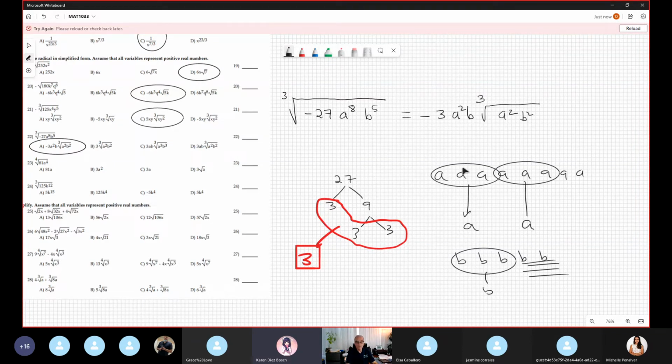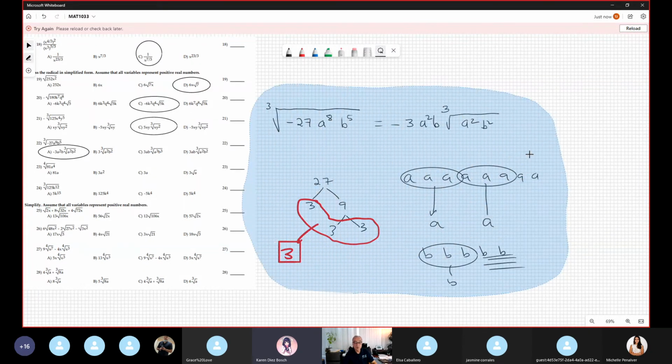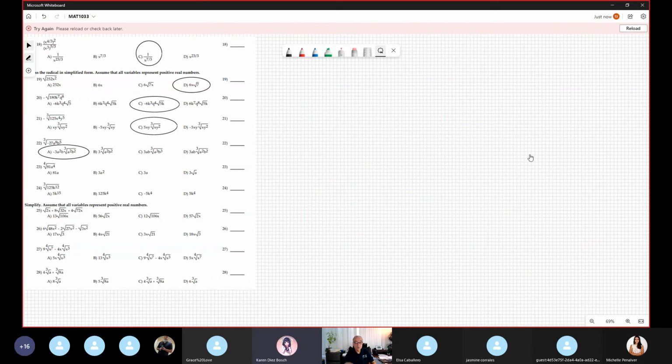Cool. Understandable. Look, example. Yes, definitely understandable. Example 23 is fourth roots. Let's see what happened in fourth roots. The fourth root of 81, a to the 4 power.